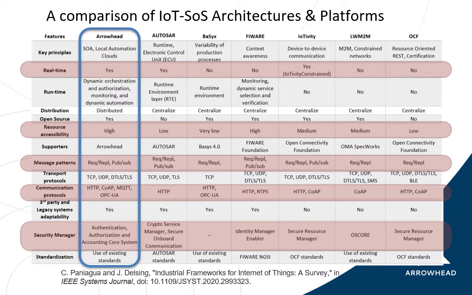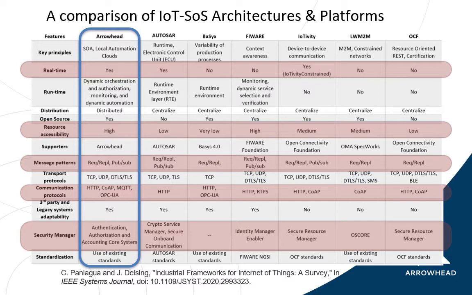It is real-time. It has various runtime features such as dynamic orchestration, authorization, monitoring, or automation. It is a distributed platform rather than all the others which are centralized. It is an open source platform. It has high resource accessibility, supported by the Arrowhead Consortia and related partners, which are over 300 by now.